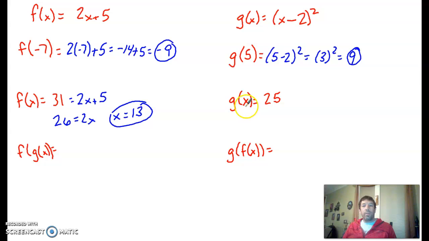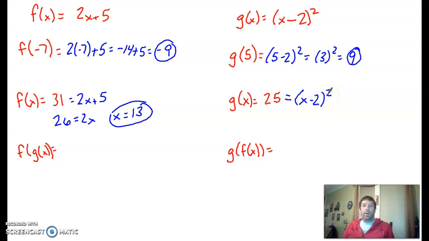Over here we can do the same thing with g. We're saying our function has a value of 25, so another way to think about this is g of x is 25. Here's g of x on the left side of our equation, so we want 25 on the left side, equal to (x minus 2) squared.